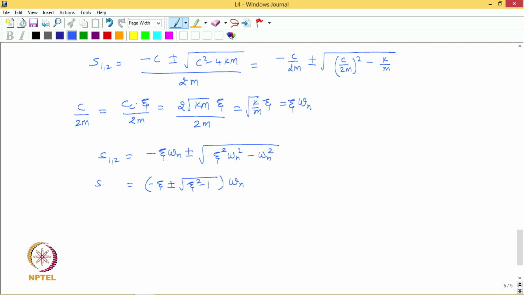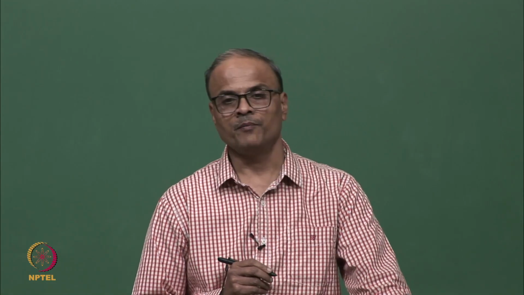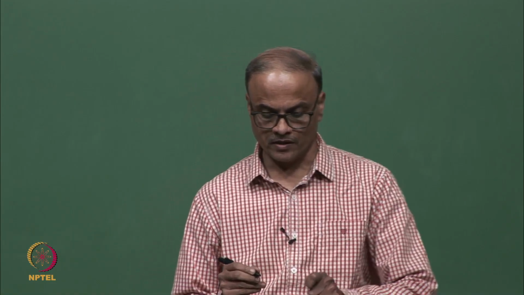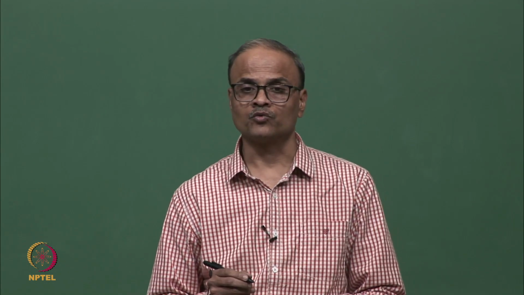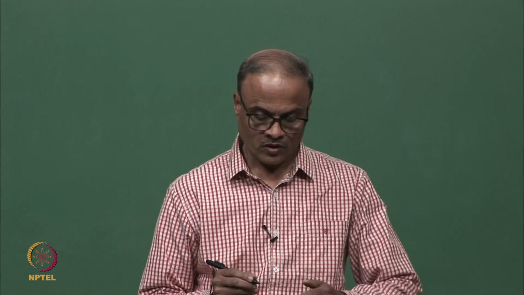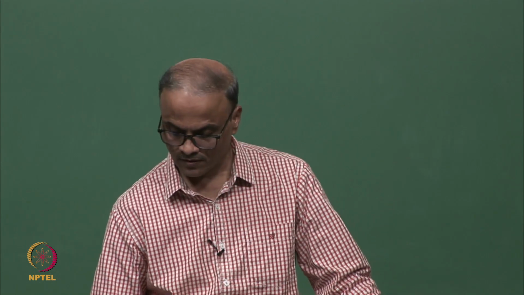So, we see that the two roots of the system depend on the damping factor and the natural frequency. And now, depending upon whether the damping factor zeta is more than 1, less than 1 or equal to 1, the nature of the roots would be determined. So, we have these three cases, and let us study these cases one by one.